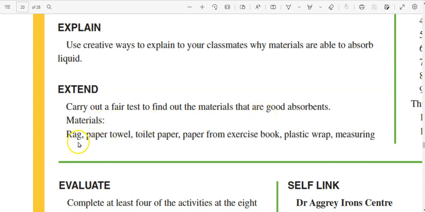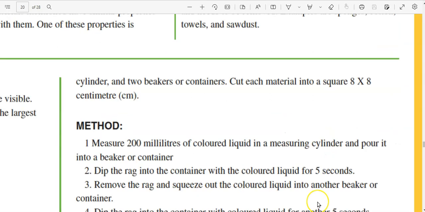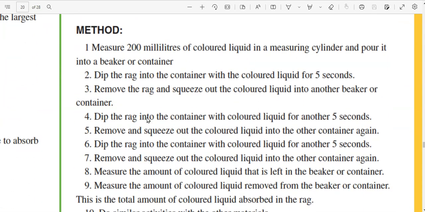Materials such as a rag, a paper towel, toilet paper, paper from an exercise book, plastic wrap, measuring cylinder, 2 beakers or containers. Now cut each material into an 8 by 8 centimeter square. Here's the method. 1.